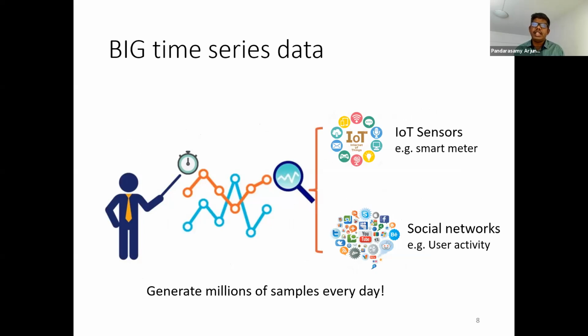Whenever we post something on Facebook, or post a message on Twitter, or whenever we like or share something, all these are examples of time series data. When I say big time series, this is like millions of samples generated every day.